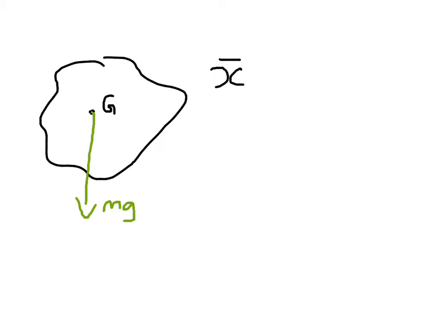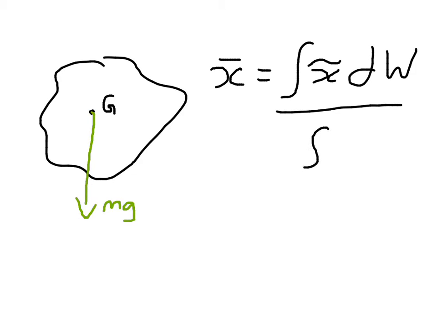And the x-coordinate would be the integral of x tilde, that wiggle is a tilde, dw over the integral of dw.